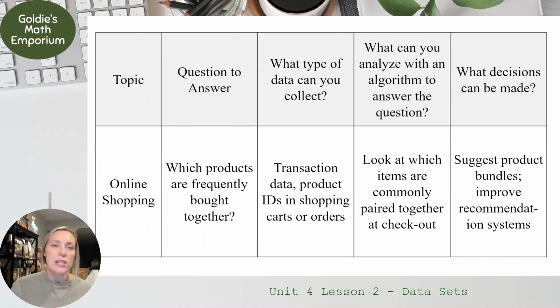And then, of course, the ideal would be to suggest product bundles. If someone buys this, hey, we suggest this because people more frequently buy this, right? If you've ever been on the Amazon app and they say frequently purchased together, this would be exactly what we're talking about here for online shopping to improve those recommendation systems.